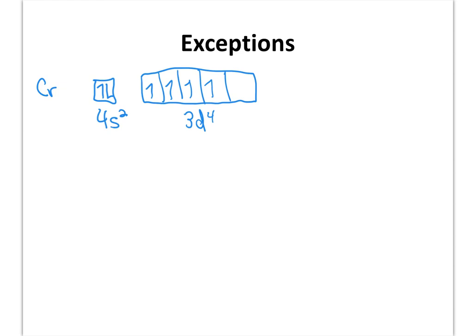Okay, so in order to minimize these repulsions, basically what happens is chromium will move one of its electrons here. Okay, so it's not adding an electron, it's moving an electron. All right, so this electron here goes away. All right, so we're going to rewrite this here, and these change as well.